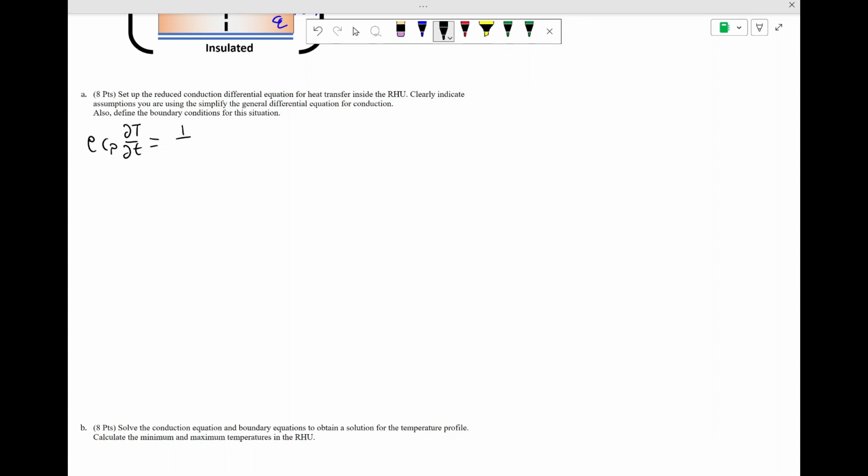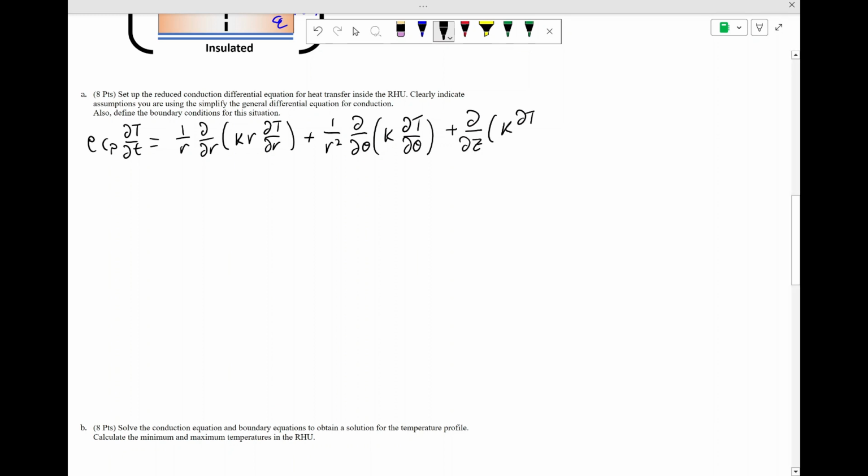So we'll have the following: 1 over r d/dr of k r dT/dr, plus 1 over r squared d/d theta of k dT/d theta, plus d/dz of k dT/dz. And here we actually have a heat source inside our domain that we need to consider. So we have plus this volumetric heat source due to the radioactive decay of this isotope.